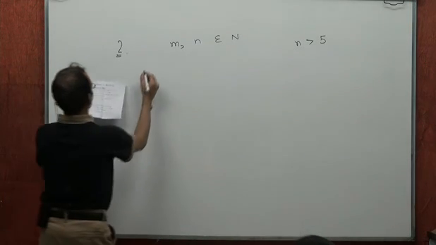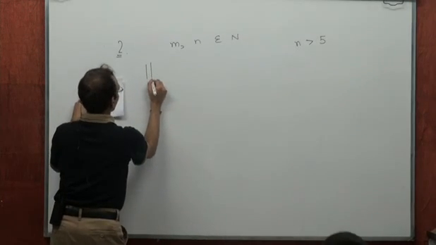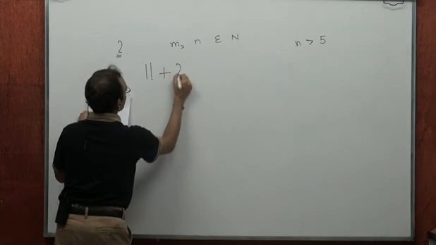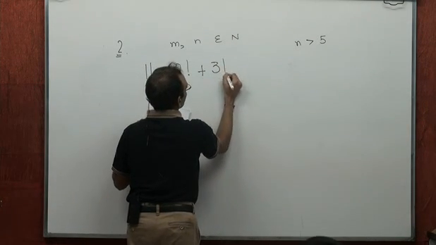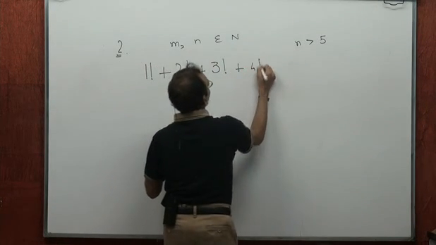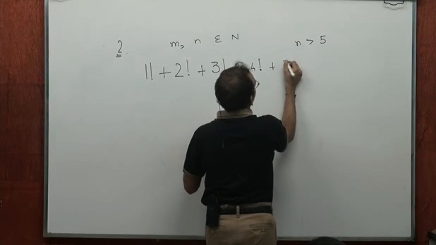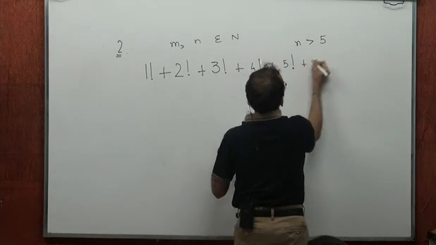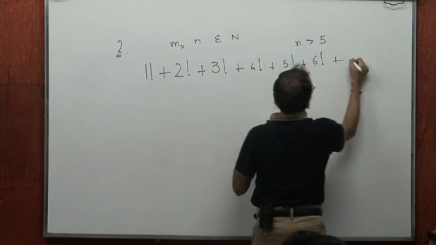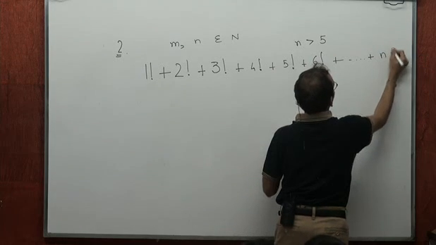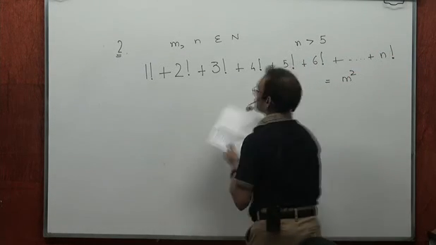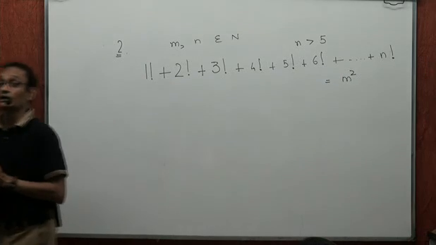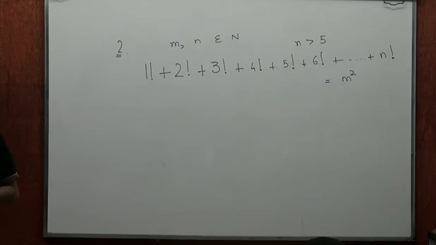We are then talking of 1 factorial plus 2 factorial plus 3 factorial plus 4 factorial plus 5 factorial plus 6 factorial plus up to n factorial being the square of a natural number m, and I seek to find natural number values of m and n.